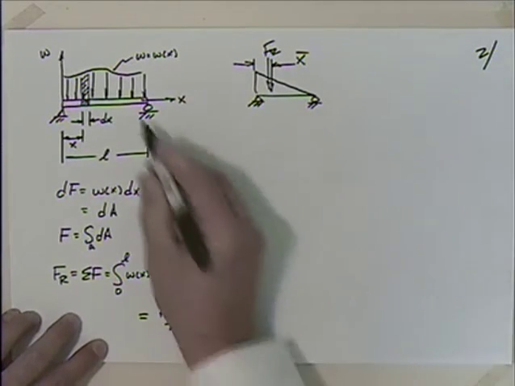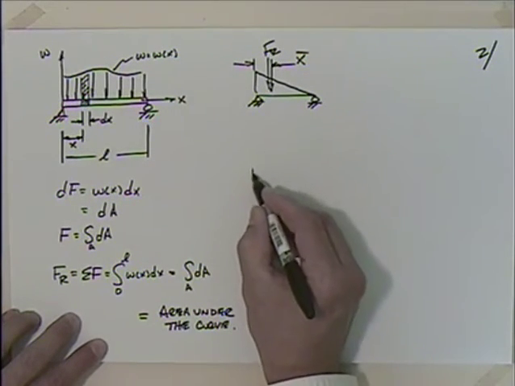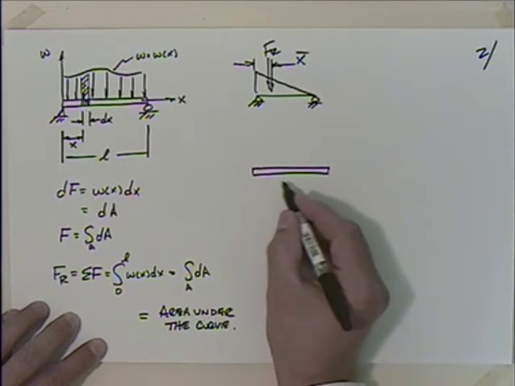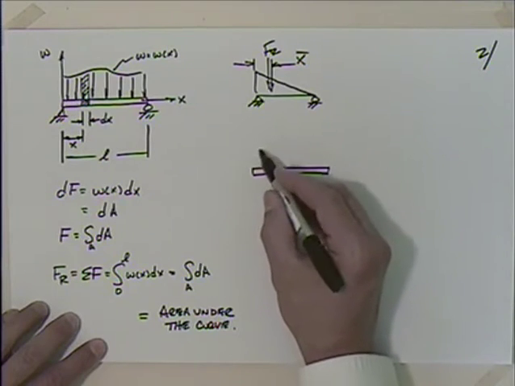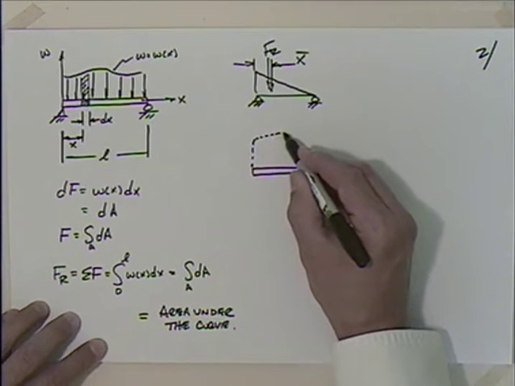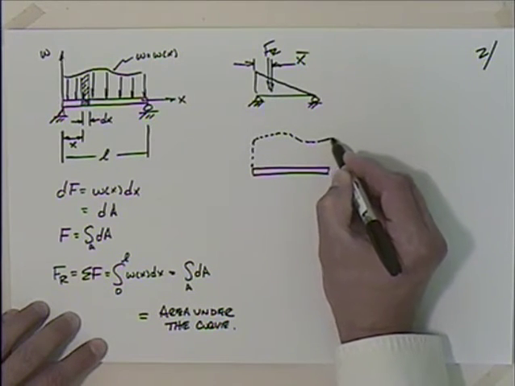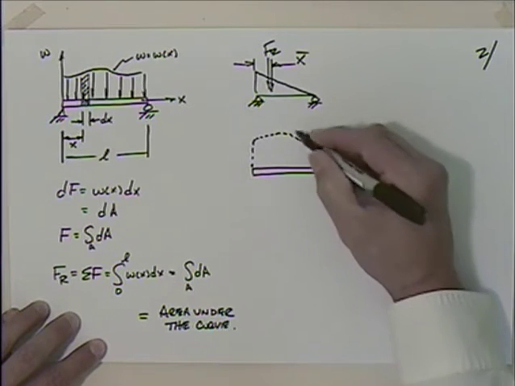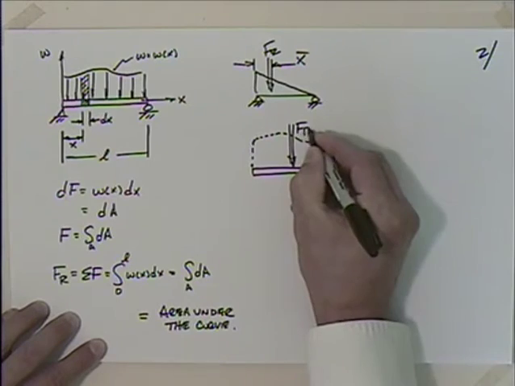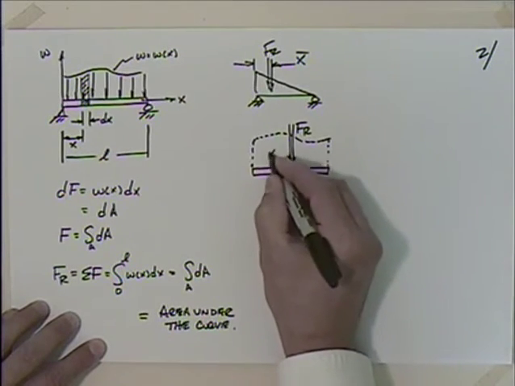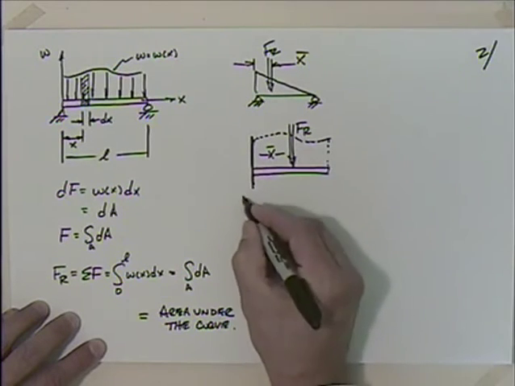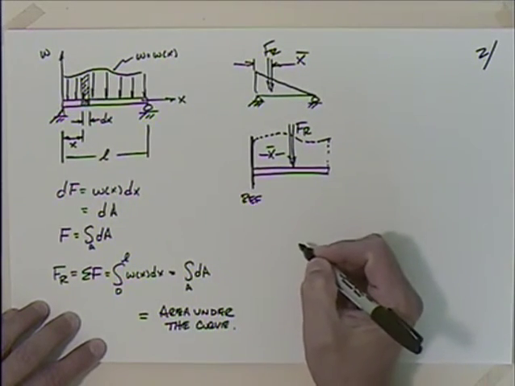Okay, so if I go through that, let me go back to this example a little bit and think about the moments here produced by this. And if I think about the shape here, I'm going to have some resultant force, F sub r, and I'm going to say that's going to be located at some x bar. And I'm going to reference everything to here. This will be my reference.